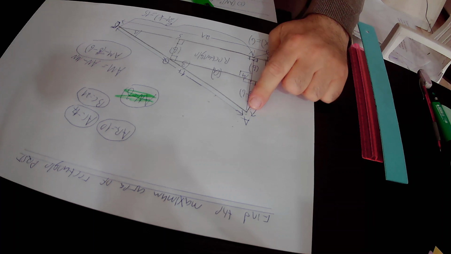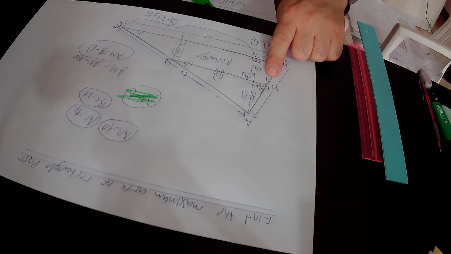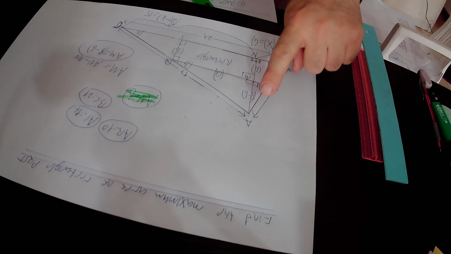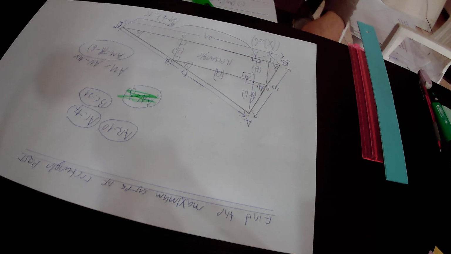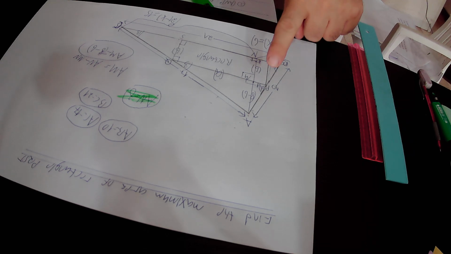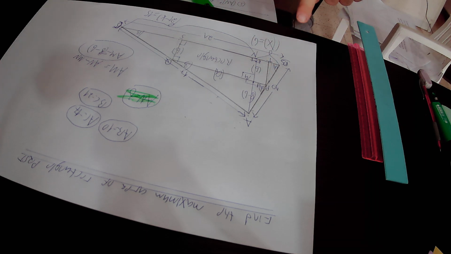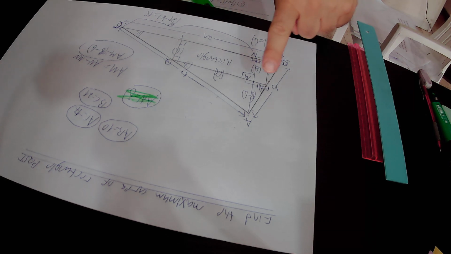So here, the height to side PQ in this triangle APQ is AM. So the height AM in the small triangle APQ over the height AN, that is the height to side BC in the big triangle ABC. AN is the height to side BC of the big triangle ABC.